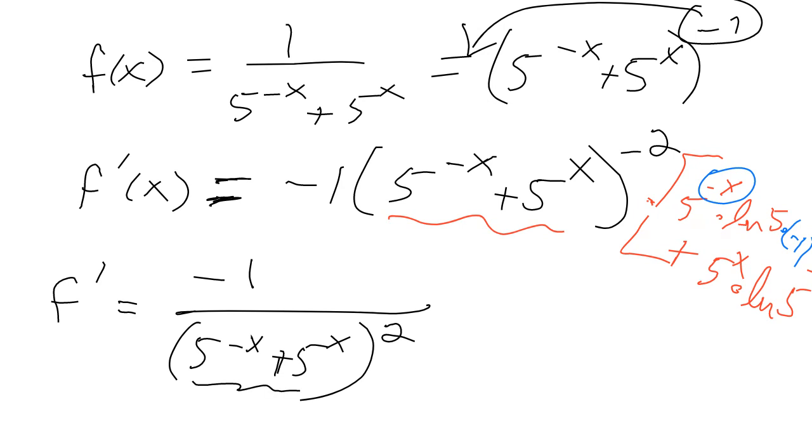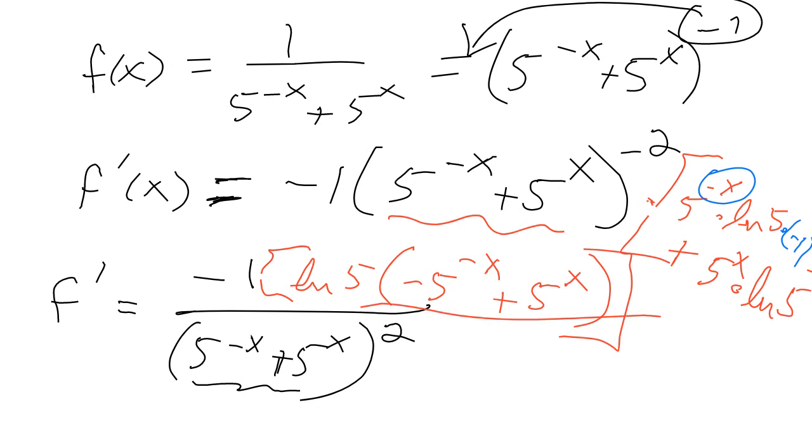So that's going to be positive, so that doesn't really impact the sign. What do I have left there from the red and blue stuff? Well, I've got -1. I can pull out a natural log of 5. And then I've got -5 to the minus x plus 5 to the x.